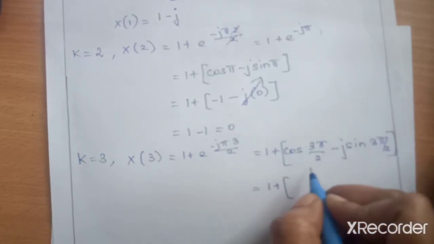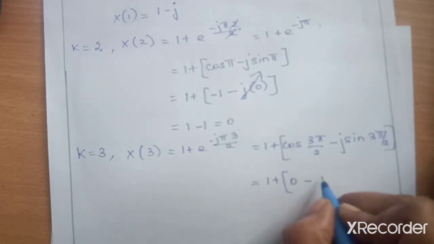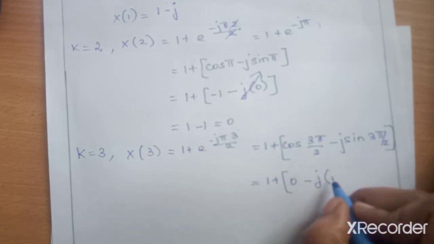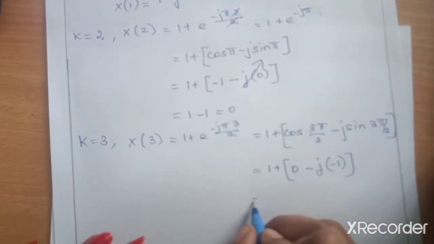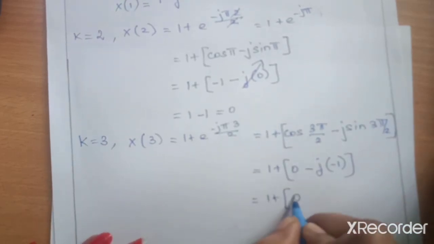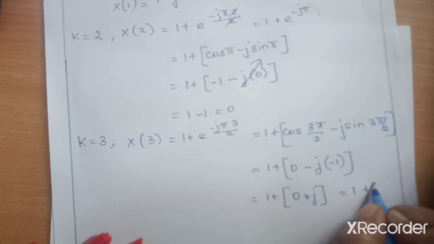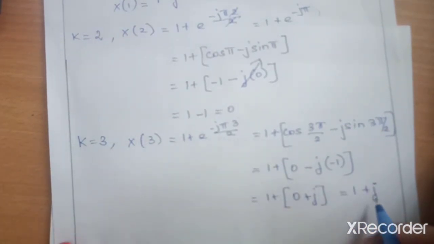So 1 plus cos 3 pi by 2 value will be 0, minus j of sin 3 pi by 2 value will be minus 1. So 1 plus 0 minus minus j, which is plus j. So the value will be 1 plus j. So the X of 3 value will be 1 plus j.